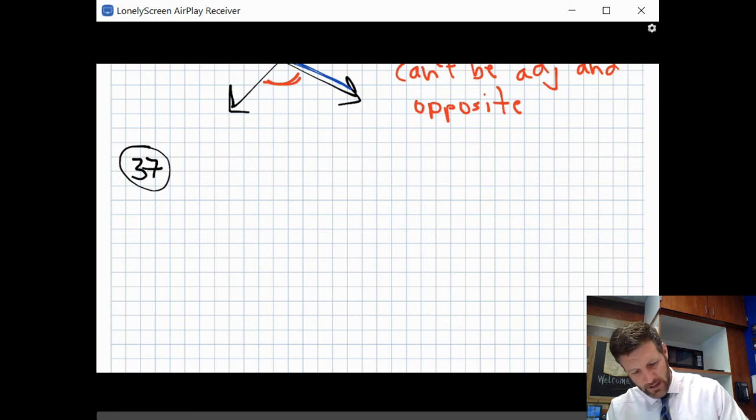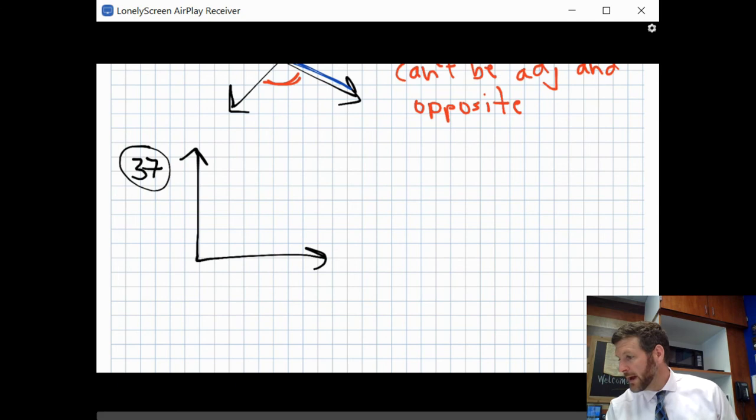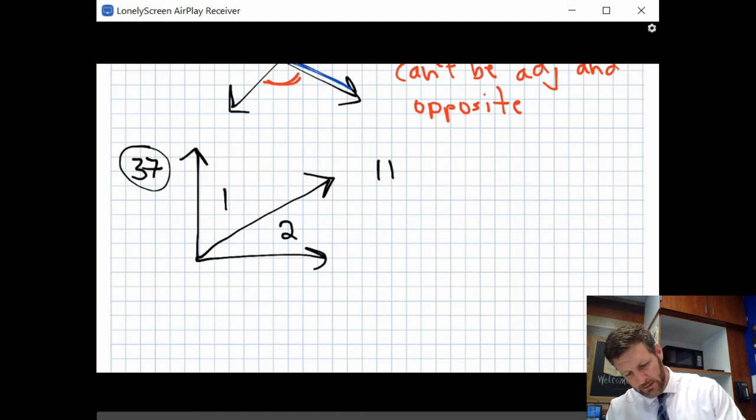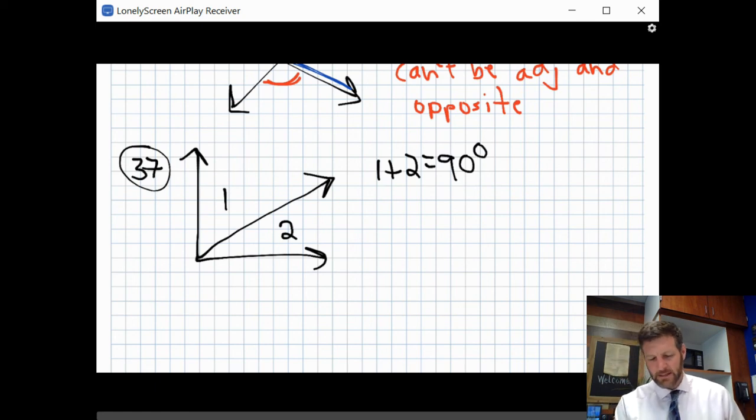So in other words, if there's an angle and you have a ray that's going to divide it into complementary angles. So if I have angle 1 and 2, 1 and 2 equal 90 degrees. It says, therefore, the original angle has to be 90.